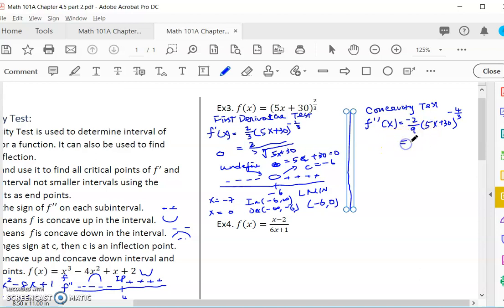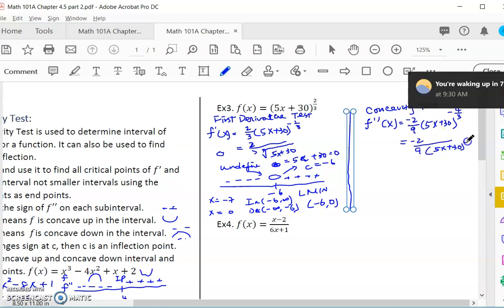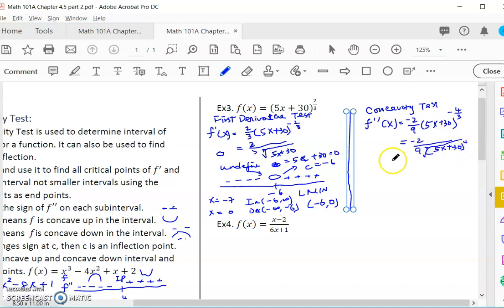So it would have a negative coefficient, and in the denominator is 5x plus 30 to the 4th power, and then you do a cube root. Do you notice that it's the 4th power and then the cube root? This is always positive, right?